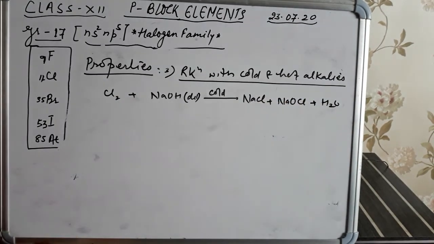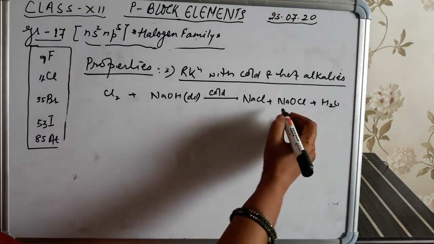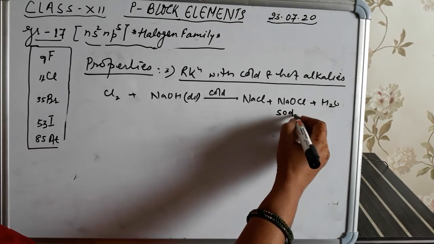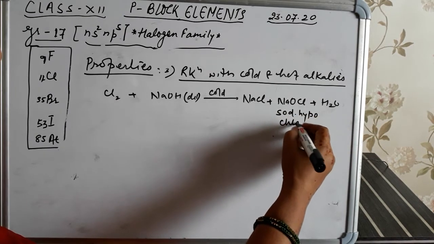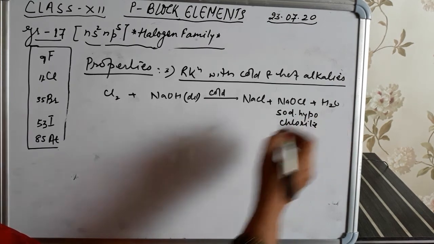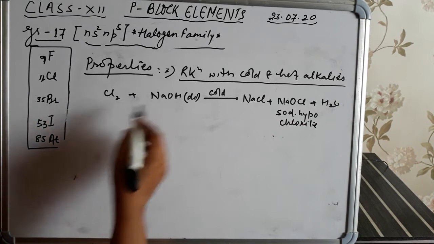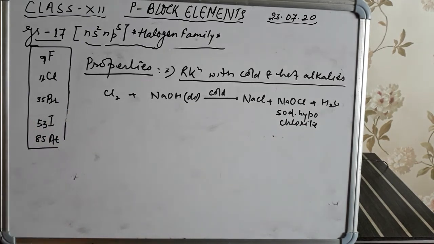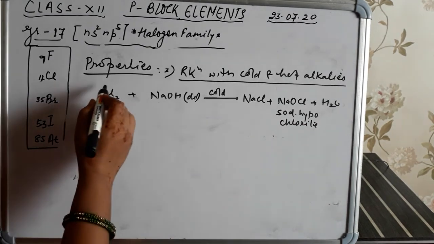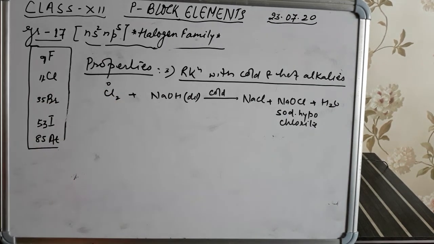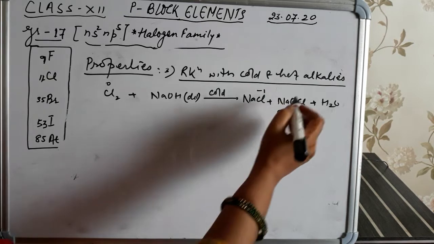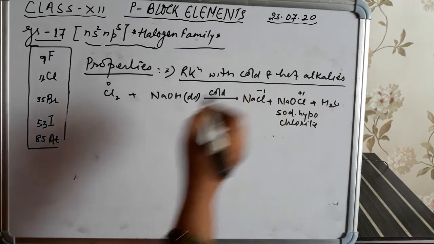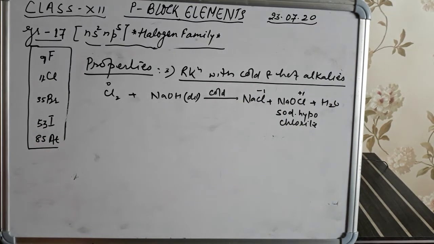The name of this compound is sodium hypochlorite. In fact this reaction is a disproportionation reaction, where chlorine is in the 0 oxidation state, NaCl is in the -1 oxidation state, and NaOCl shows the +1 oxidation state.